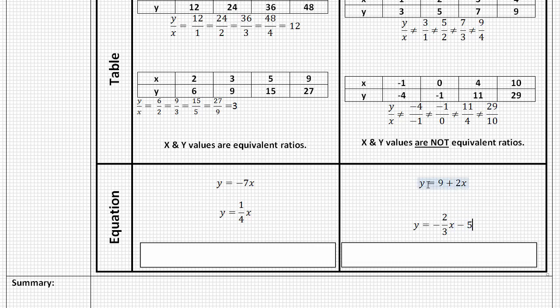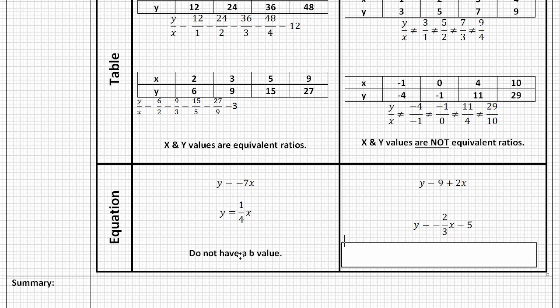Here in our first example, the mx plus b has been rearranged ever so slightly, but our m value is +2 because that's the coefficient in front of x, and our constant is 9, so this must be our b value. It crosses the y-axis at +9. So, to recap, in equation form, a proportional relationship does not have a b value, whereas a non-proportional relationship does have a b value.